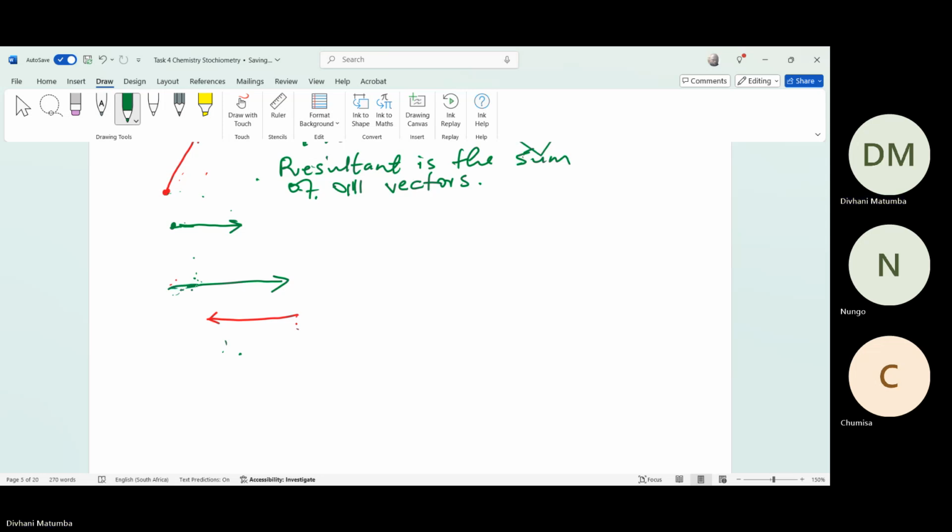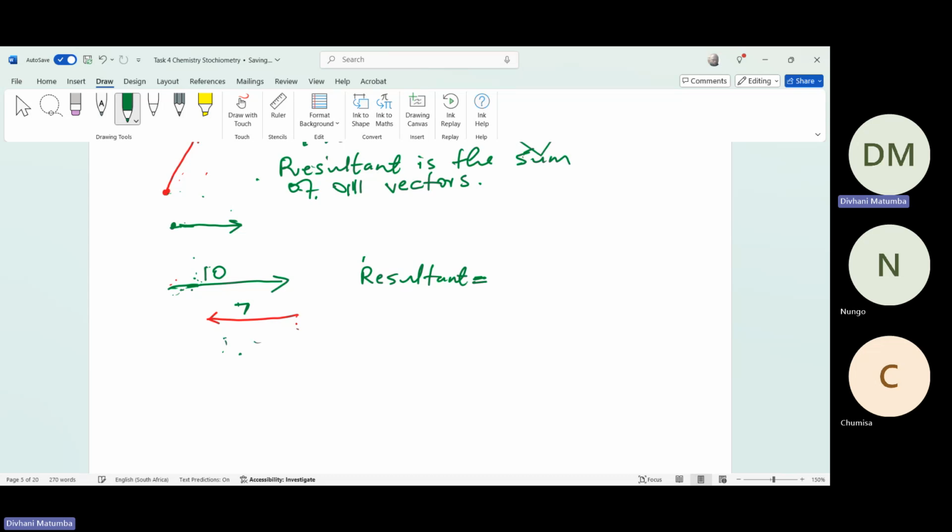Okay. Let's say, for instance, this vector was 10 and this one was say 7, the resultant will be equals to, because we are dealing with vectors, vectors have magnitudes and direction. So before you start with vector questions, you need to choose the direction.